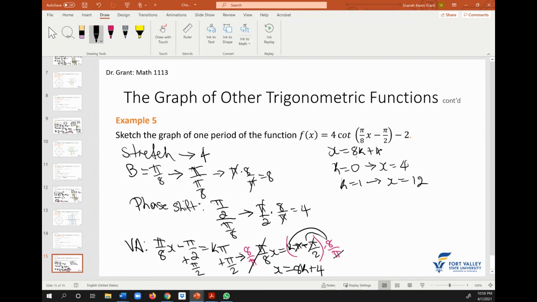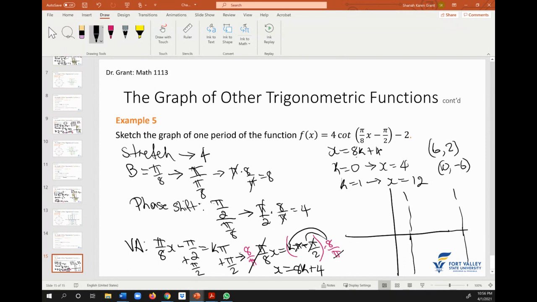What we want to also note is different points that this will go through. If we let x be 6, then this point is going to go through 6, 2. If we let x be 10, this point is going to go through 10, negative 6. And again, I'm just plugging in different values for x into the function, and you can plug it straight into your calculator. So I have vertical asymptotes at 4 and 12.